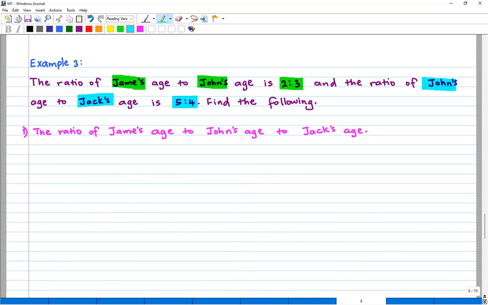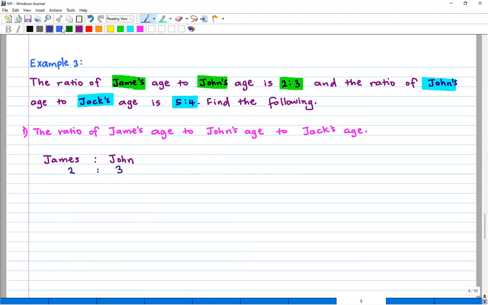That is the information that we have. Let's write it down. James to John is 2 to 3.